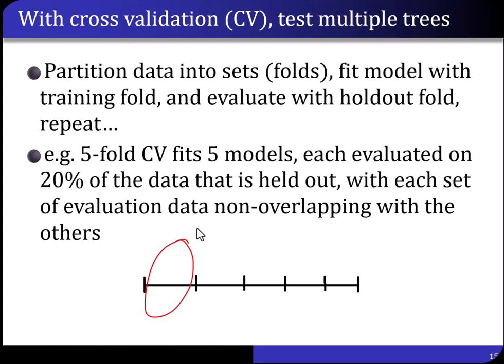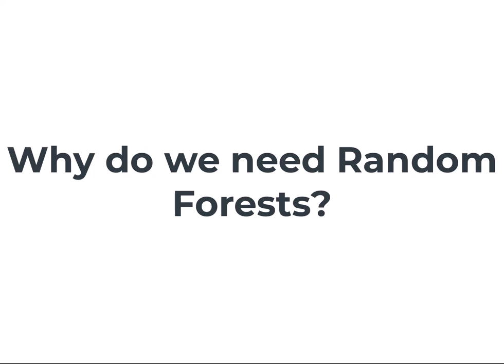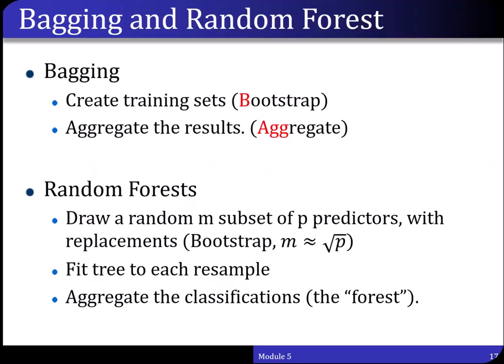Now let's come to random forest, which is the second solution to the instability problem. The idea of random forest is based on a concept called bagging. The idea of bagging is based on 2 fundamentals. The first one is we are going to create training sets, which is called bootstrap, and we are going to aggregate the results based on these training sets.